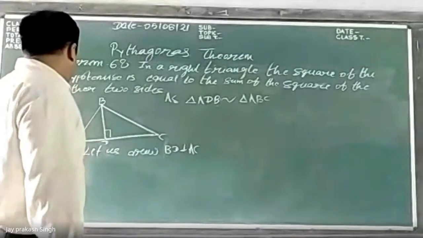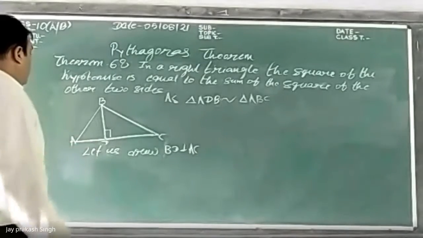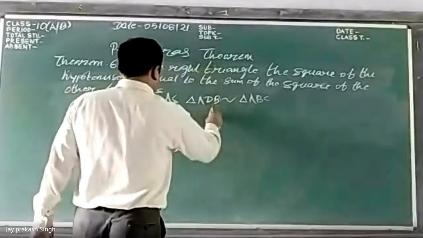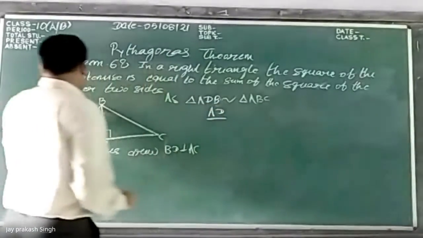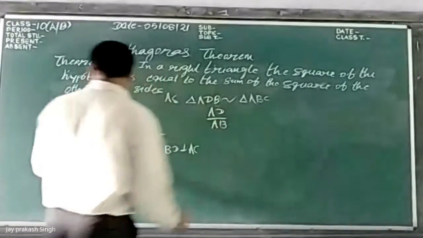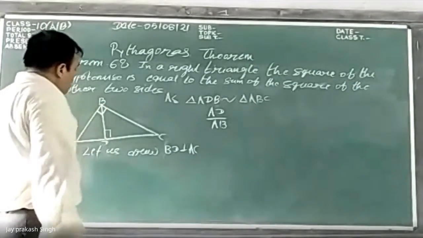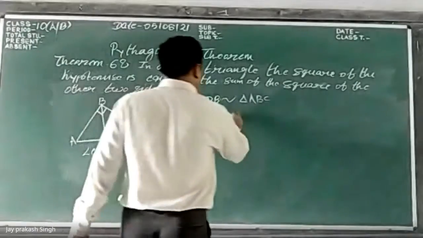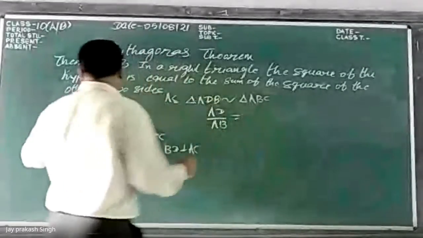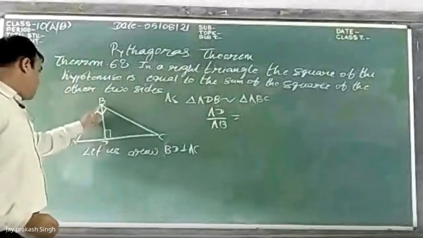So if we take AD in triangle ADB, AD by AB we can put here. That is the base for this triangle. Now, AB again is the hypotenuse for ADB.